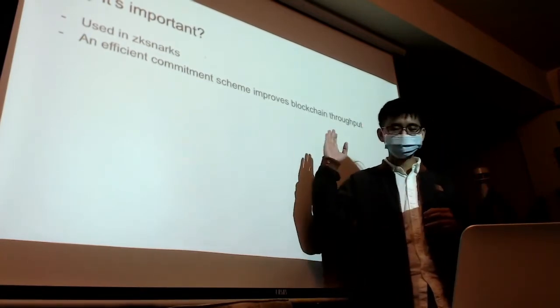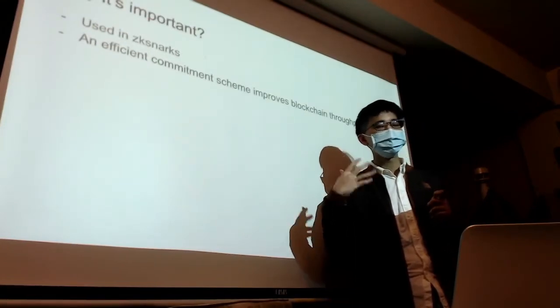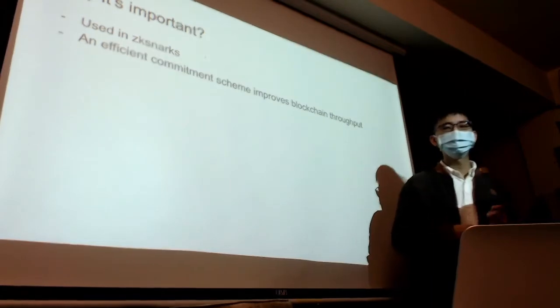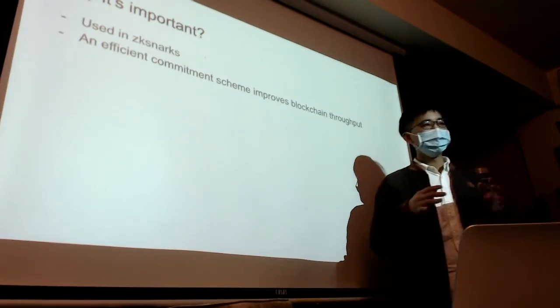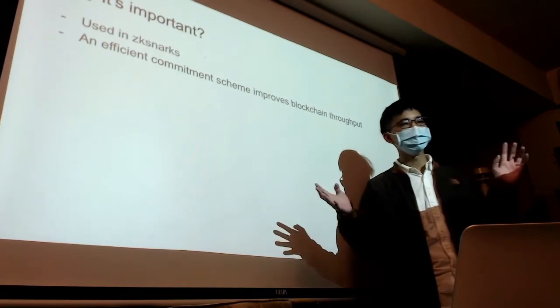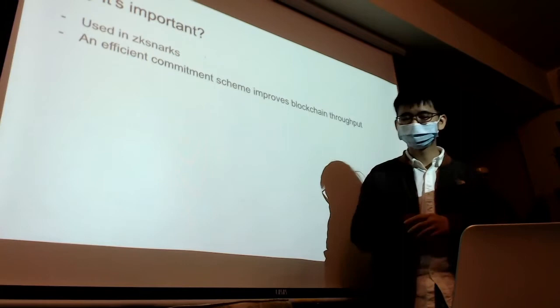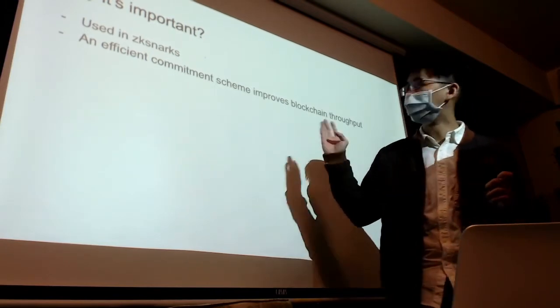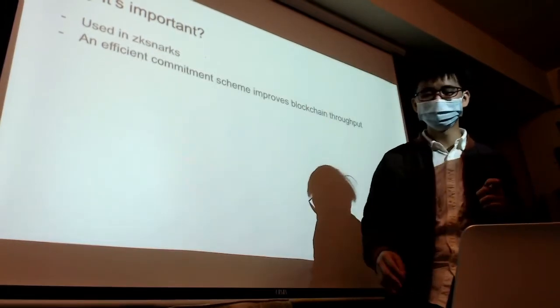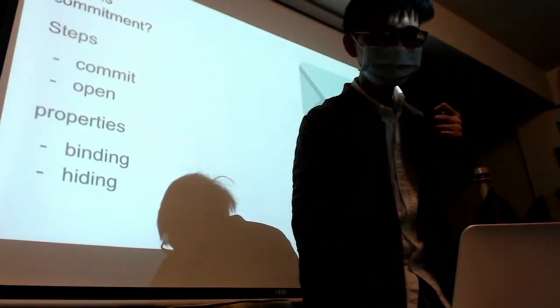But the blockchain layer 1 or layer 2 schemes you've seen right now are all using Merkle trees or variants of Merkle trees, and we'll see how the performance compares to the polynomial commitments.